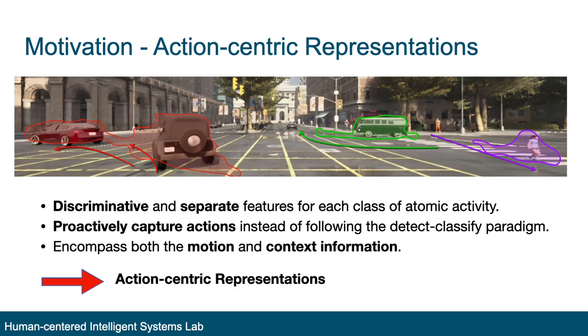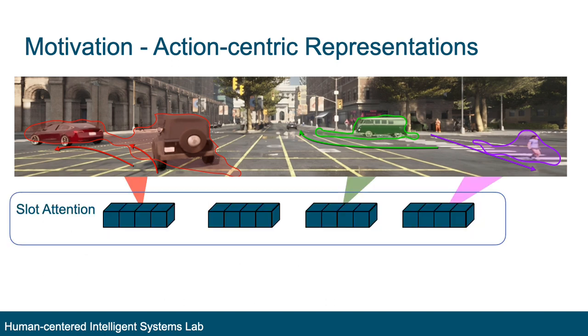In this work, our goal is to learn action-centric representations that are discriminative for each class of atomic activity, and can proactively capture actions, by encompassing both motion and context information. Motivated by the recent success of slot attention on discovering concepts, we repurpose slot attention to model atomic activity and learn action-centric representations.